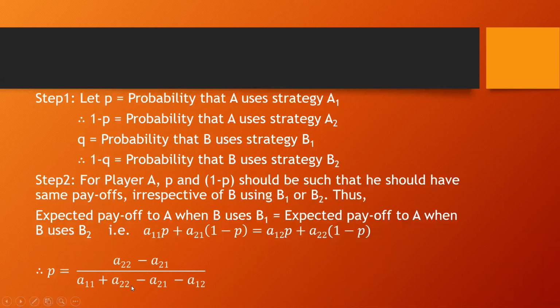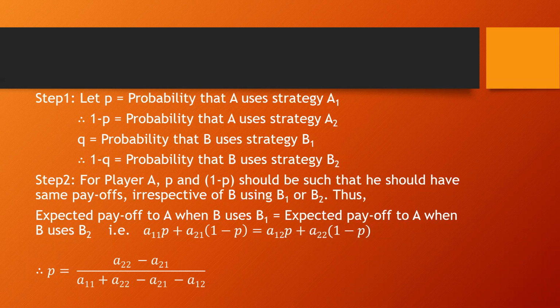Okay, and solving this further, we get the function for finding the value of P as A22 minus A21 divided by A11 plus A22 minus A21 minus A12.